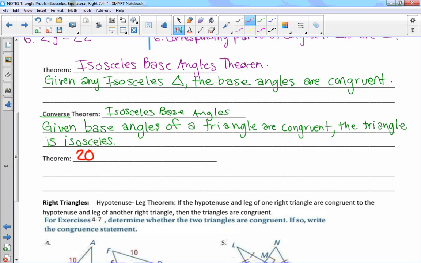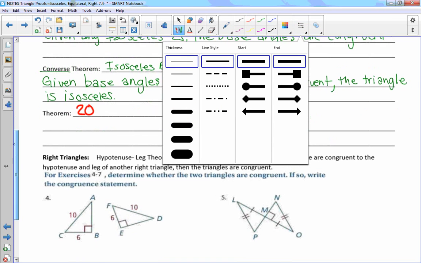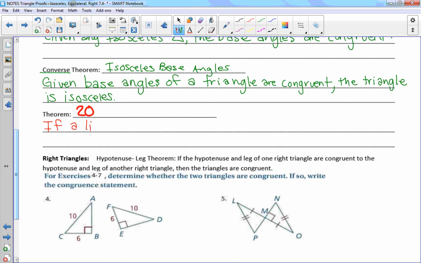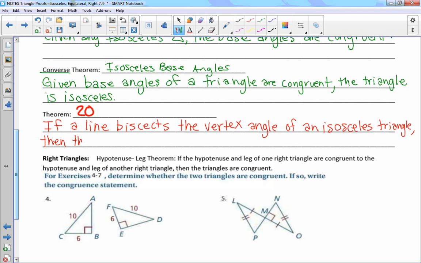Okay, theorem 20. If a line bisects the vertex angle of an isosceles triangle, then the line is also perpendicular to the base.